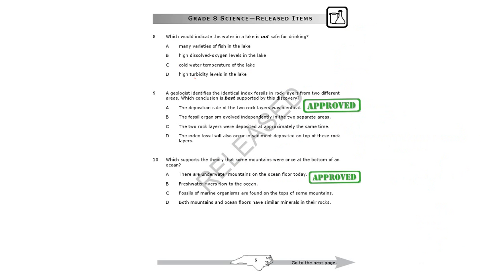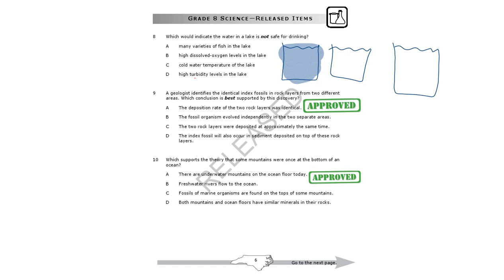Let's see here. Which would indicate the water in a lake is not safe for drinking? Let's say you go and collect some water samples. If the water is really clear, it might look like that.